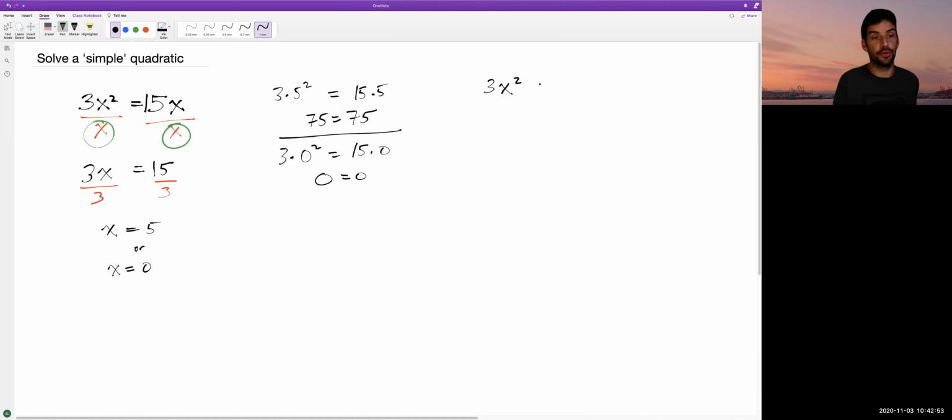3x squared equals 15x. Instead of dividing by x, one thing we might do is subtract 15x. And now I have 3x squared minus 15x is equal to 0.